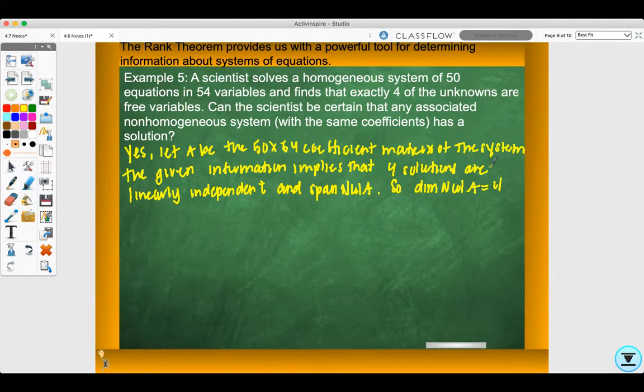And by the rank theorem, the dimension of Col A is 54 minus 4, which is 50. Since R50 is the only subspace of R50 whose dimension is 50, Col A must be all of R50. Therefore, every non-homogeneous equation, Ax = b, has a solution.